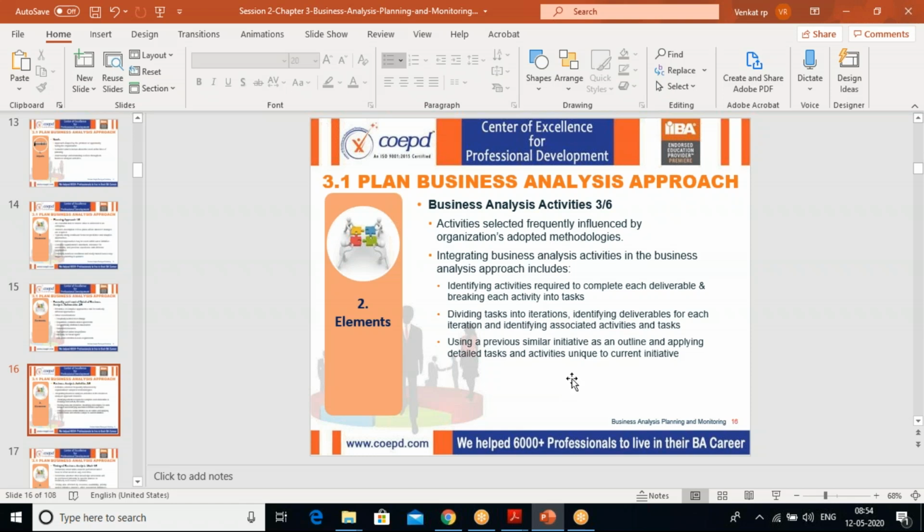For each approach, we have to identify the activities required to complete each deliverable, break each activity into tasks, divide tasks into iterations, identify deliverables for each iteration, and identify associated activities and tasks. Then we use a previous similar initiative as an outline and apply detailed tasks and activities unique to the current initiative.